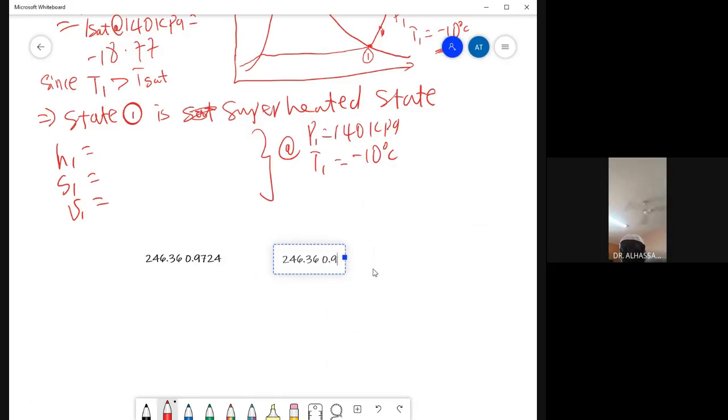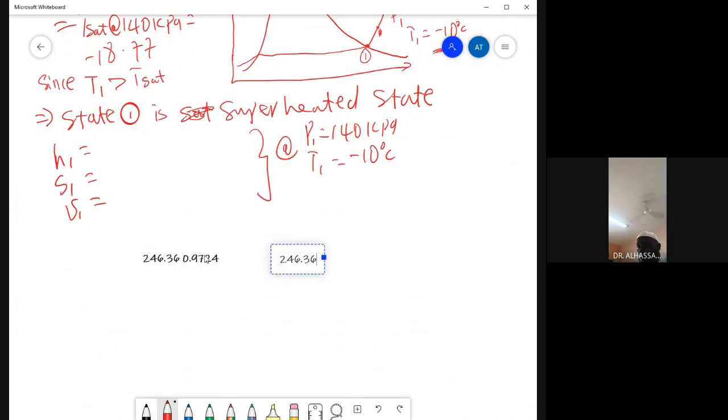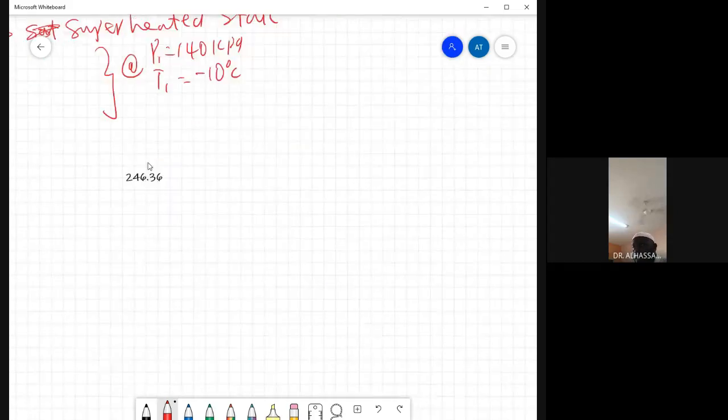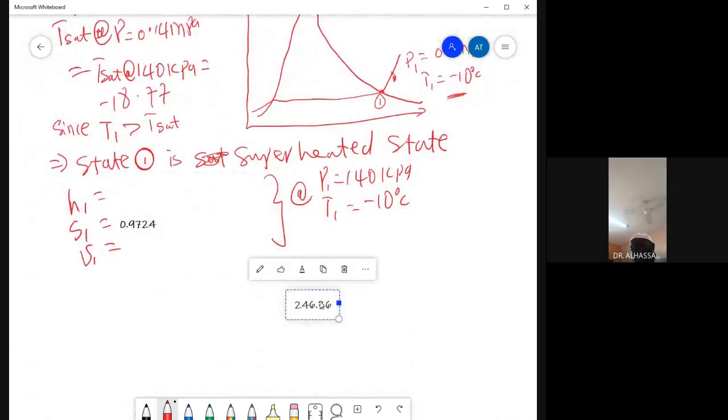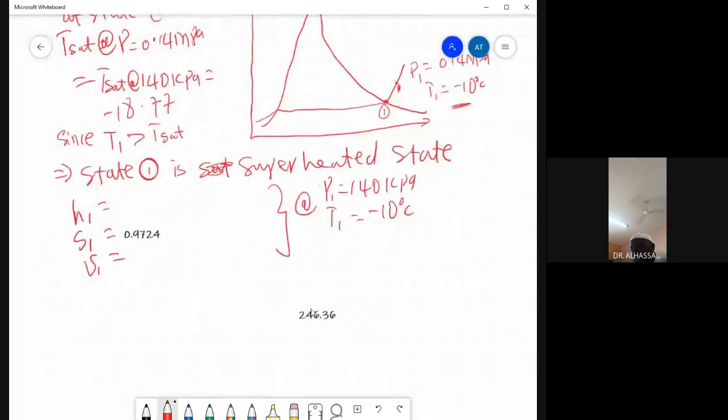Yes, this is the enthalpy, and the entropy is this.